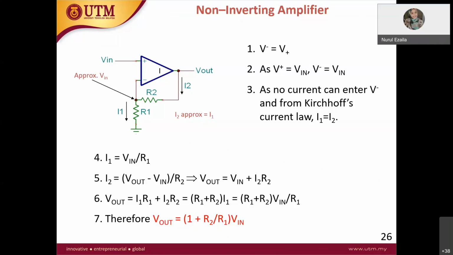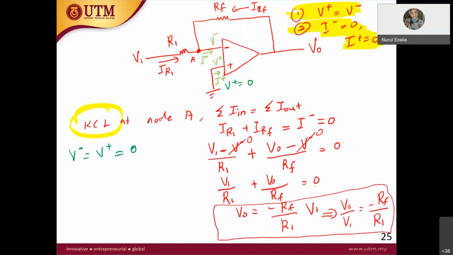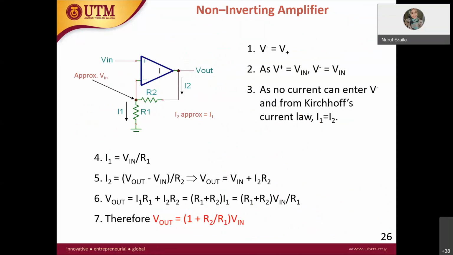Therefore this is a non-inverting amplifier. If it were inverting, it means V in is connected to the V minus, and the output is inverted relative to the input. So we expect that this output is not inverted, because V in is connected to the plus.